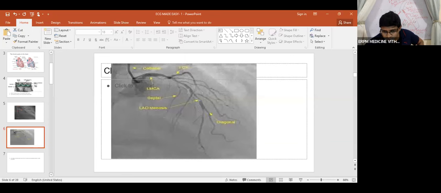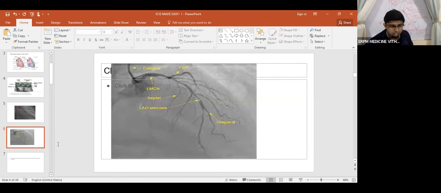This is the reason we are studying the blood supply of the heart. I know they are not going to give this in the exam. Nobody is going to ask you to interpret an angiogram in the exam. But without knowing this basis, you can't be a successful fellow in the field.